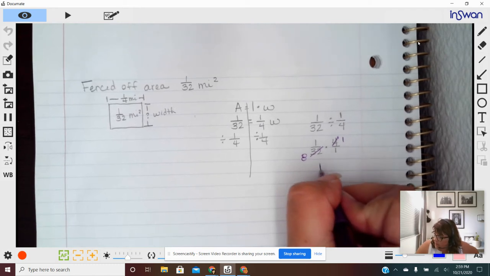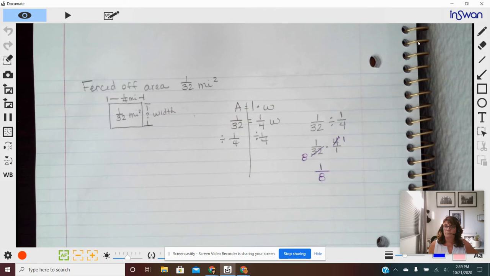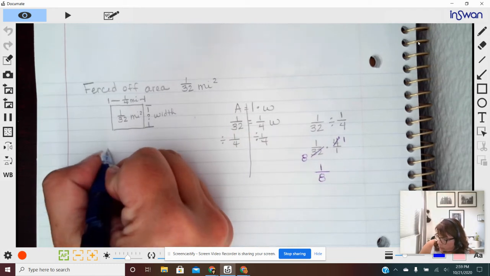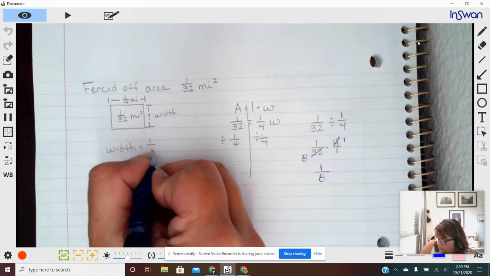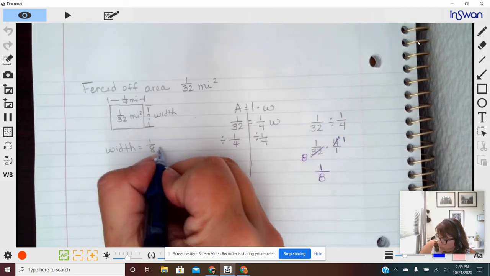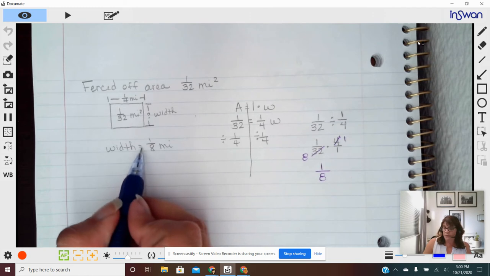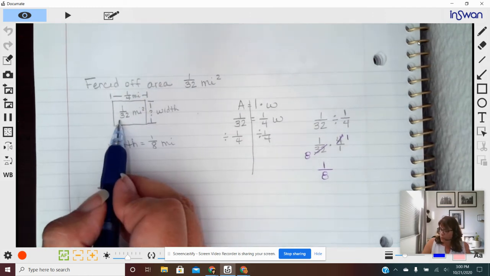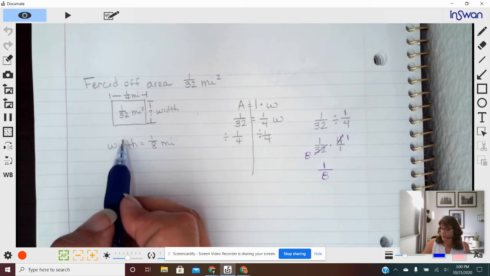Okay, so now we have 1/8. Now I want to think about if that makes sense. If I have something that's 1/8 of a mile times 1/4 of a mile, would that be 1/32 of a mile squared?